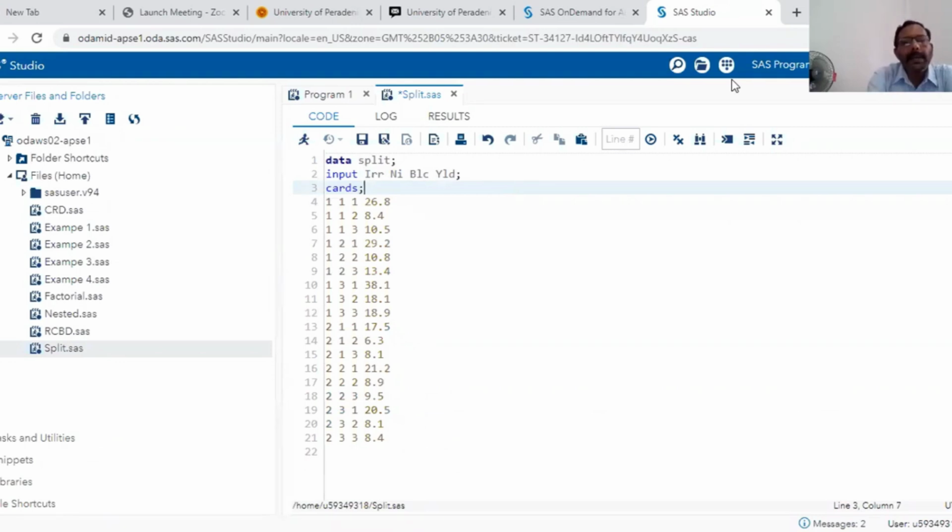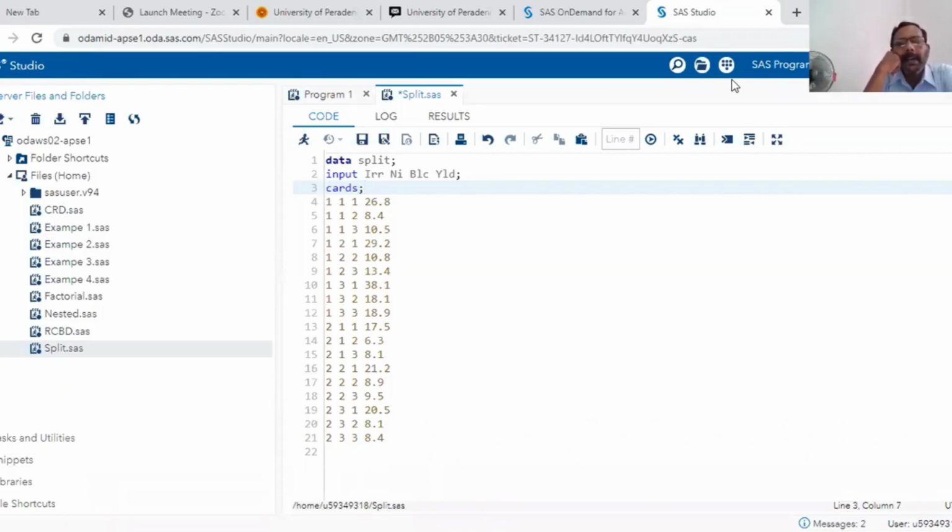So write down as such: data, irrigation, IRR, nitrogen level. If you can remember, 0 nitrogen, 15 kilogram and 30 kilogram, if I can remember. What are the two types of irrigation? Rain fed and irrigated. Okay, rain fed and irrigated.